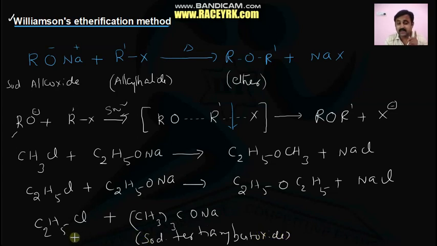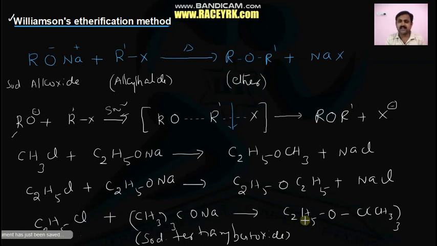I have not taken a tertiary alkyl halide. I have taken the alkoxide ion, which is a branched one, sterically hindered when compared to ethoxides and methoxides. Although, I can get the ether C2H5OC(CH3)3. So here what I got is ethyl tertiary butyl ether. This is also another kind of unsymmetrical ether prepared.